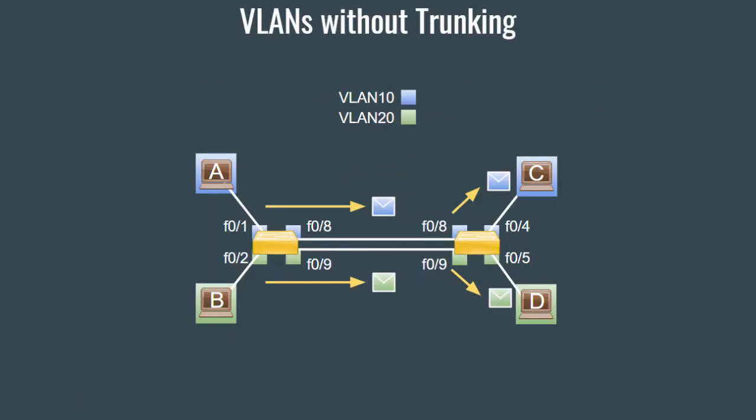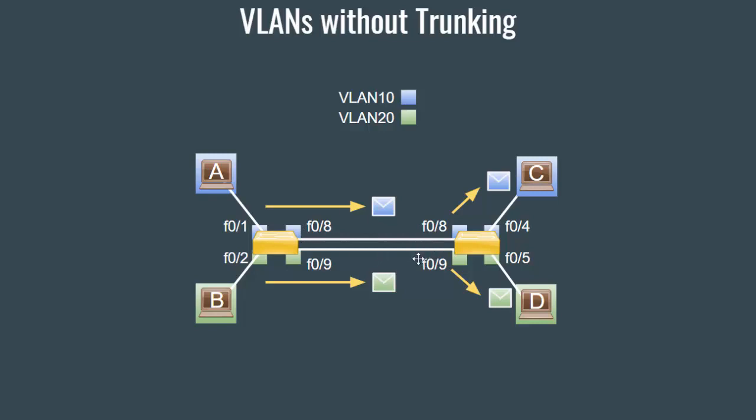Now, if you don't want to use a trunk, another way to do this is to have a VLAN 10 to VLAN 10 link from one switch to another, but then you're also going to need another link with another switch port with VLAN 20 to VLAN 20. So you see in this scenario, we can now communicate from A to C and B to D without a trunk because we have an access link on VLAN 10, and we have an access link on VLAN 20.